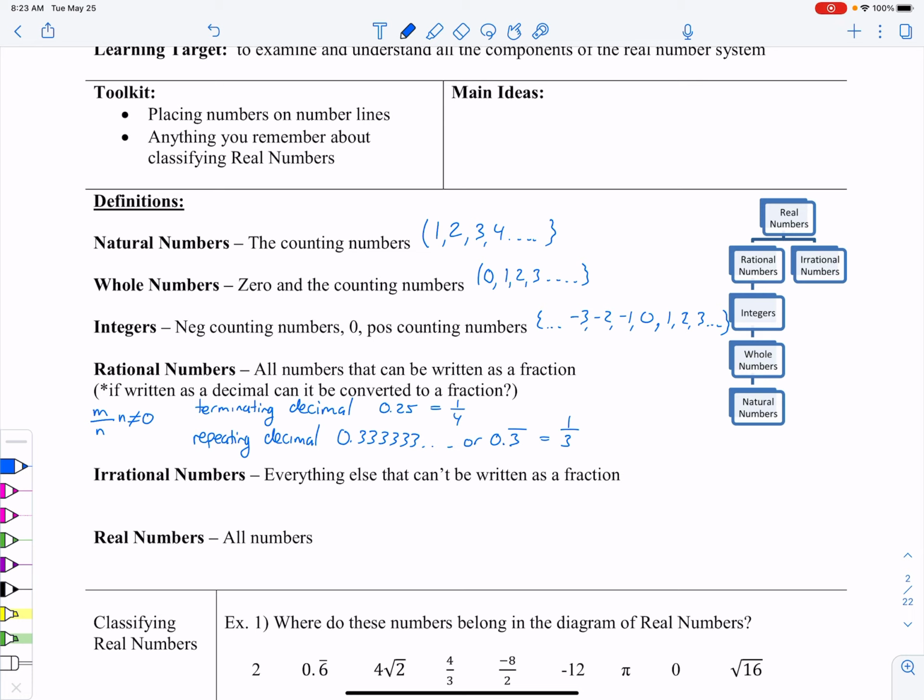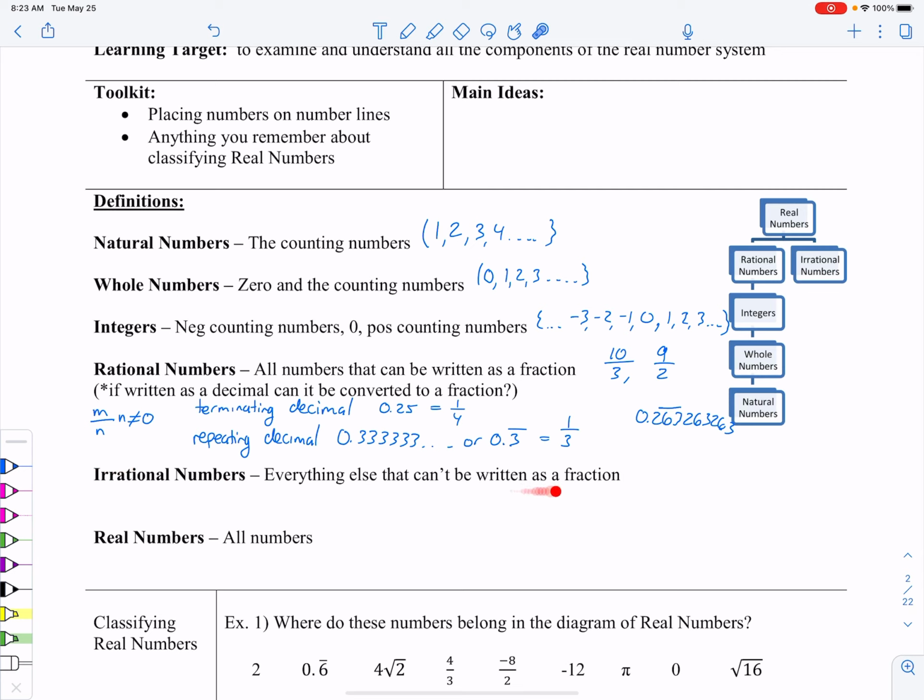Sometimes you can have more than one number that repeats, like 0.263263, a series of 3 numbers. It's still a repeating decimal, so that would count as a rational number. Or anything that's written as a fraction already, like 10 over 3 or 9 over 2, is also a rational number.